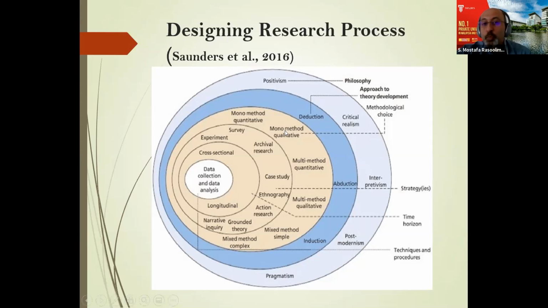First is research paradigm. We have to identify our research paradigm. And then is research approach. Under research paradigm, we have positivism, interpretivism, realism, and critical realism. Under research approach, we have deductive or inductive reasoning, and also abductive reasoning.